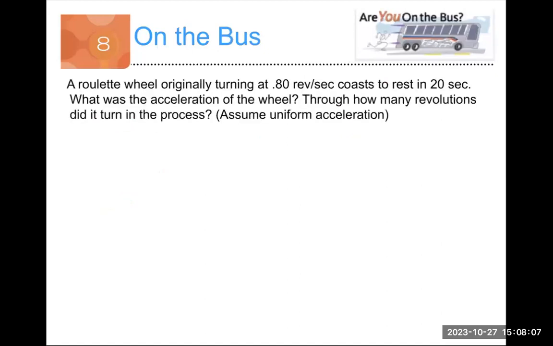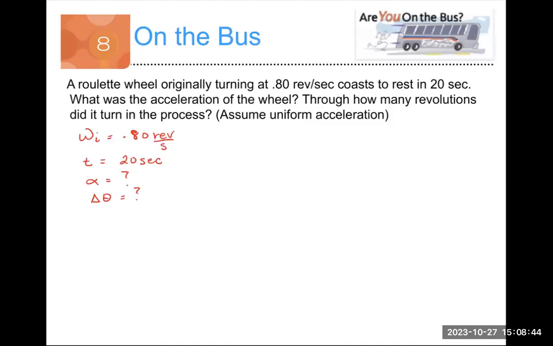Another problem, we have a roulette wheel originally turning at 0.80 revolutions per second. So we know that's going to be our omega initial, 0.80 revolutions per second. It coasts to a rest in 20 seconds. So our time is 20 seconds. And you're asked for what's the acceleration of the wheel. And you're also asked for how many revolutions it turned.